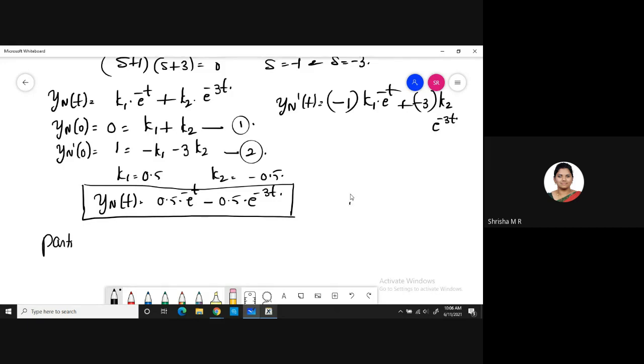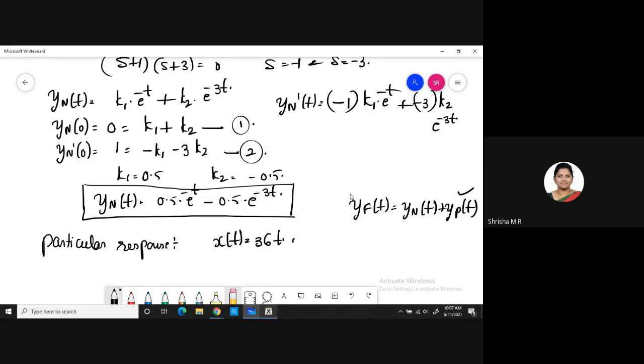Forced response is the natural response plus the particular response, yp of t. We'll find yp of t first, then we'll add it with the natural response. So for the particular response, we take input x of t is equal to 36t into u of t.